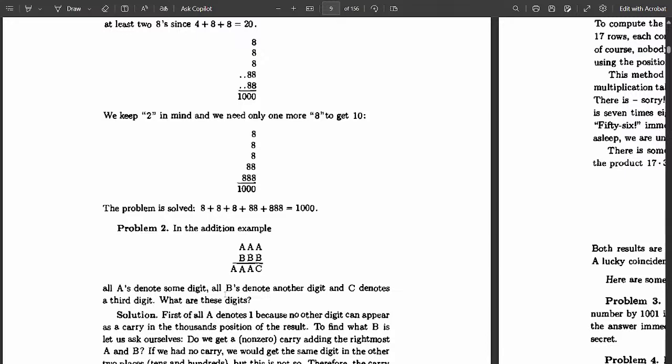Also, we need the sum of A plus B to be greater than or equal to 10. So obviously A plus B is going to be greater than or equal to 10. If I put A equals 10, B equals 11, let us say, and try to add these.